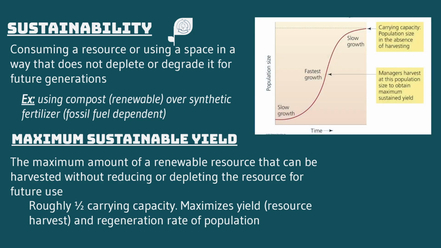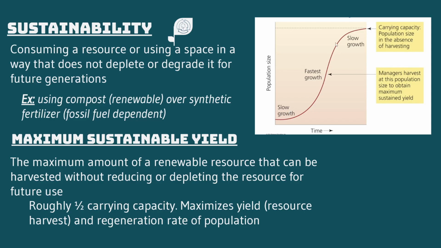If we look at this example here, if we're going to harvest a population of trees and we're going to take it all the way down here to the very bottom of its population size, 1, its growth is going to be very slow, but 2, we may cause population collapse.